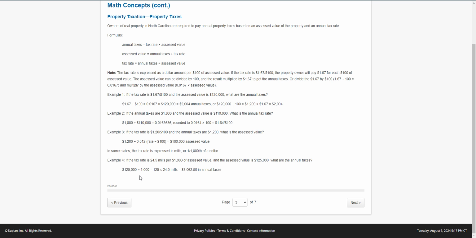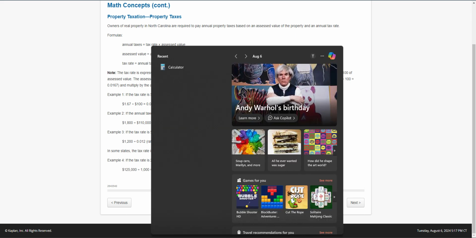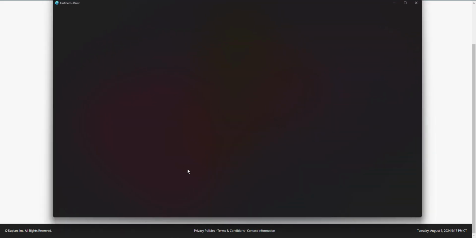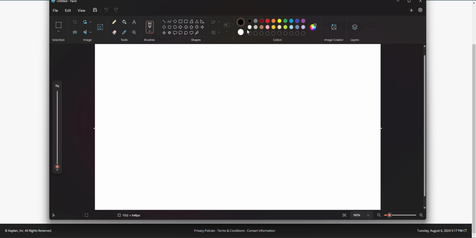So move the decimal space over 3 times with milli. So if you have 24.5, you move your decimal space over 1, 2, 3.